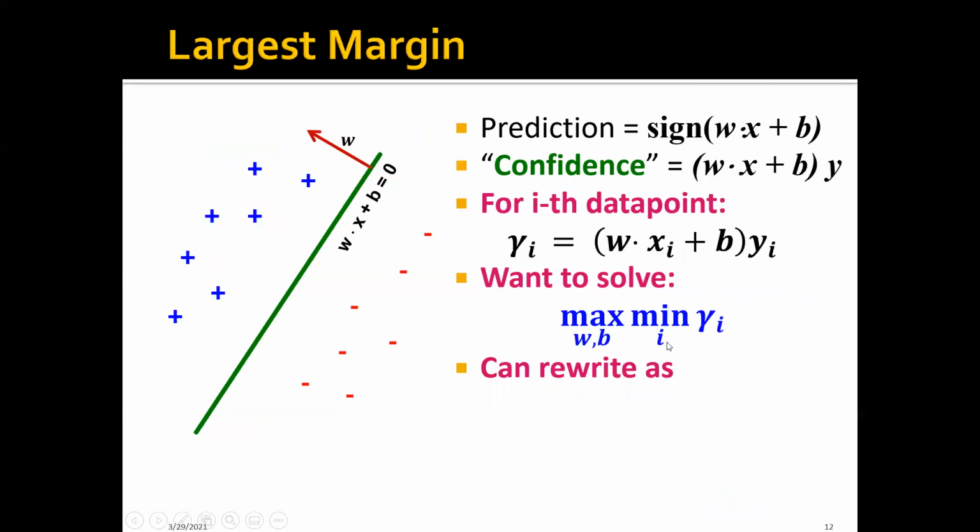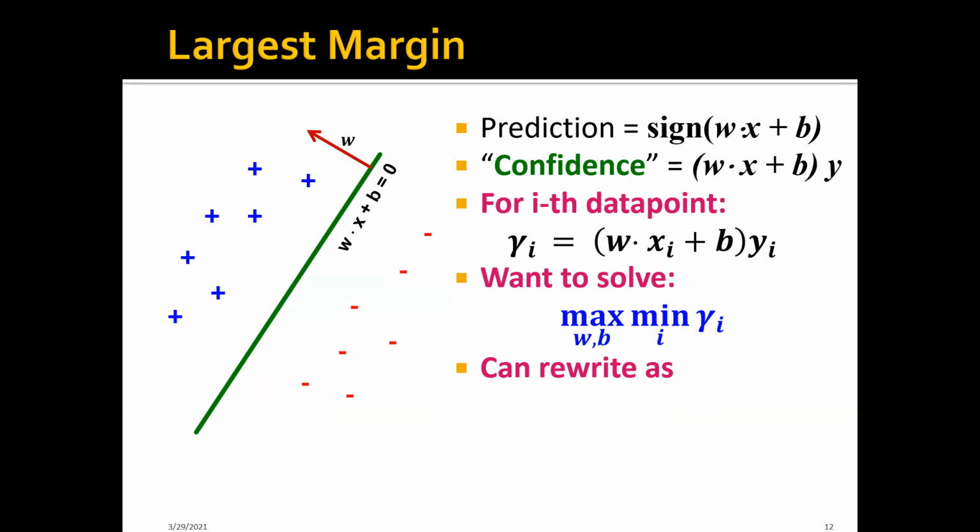Now, remember that in a linear prediction model, after we learn the linear model, we take the inner product of W and X, add B, and take the sign to predict whether this data point X is positive or negative.